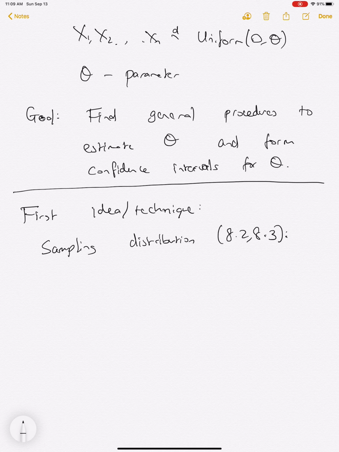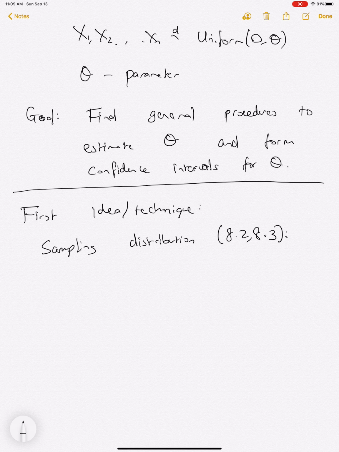So the first key idea, which we're going to unpack a little bit today and in the next lecture as well, is this idea of a sampling distribution, and this is covered in chapters 8.2 and 8.3 of the textbook.